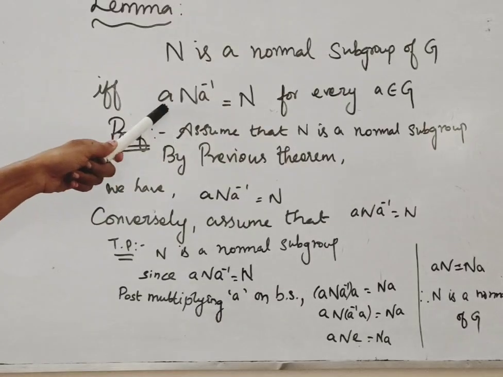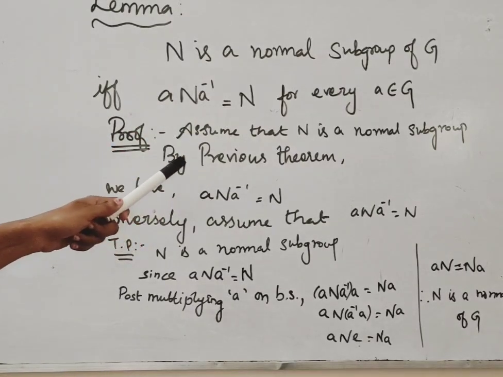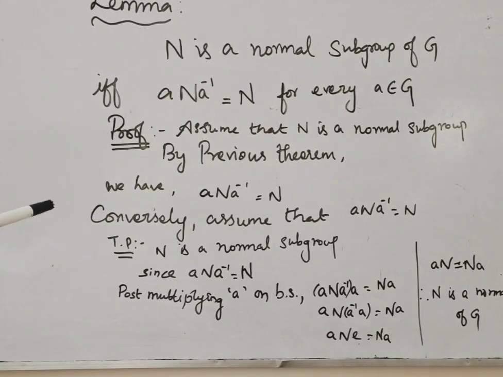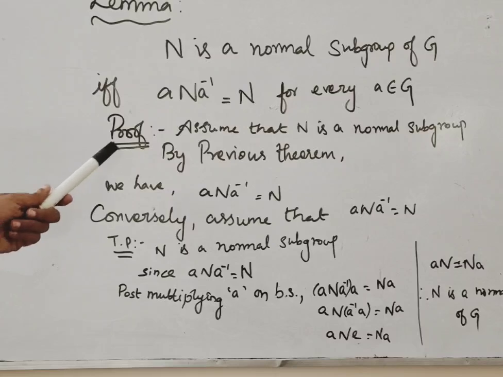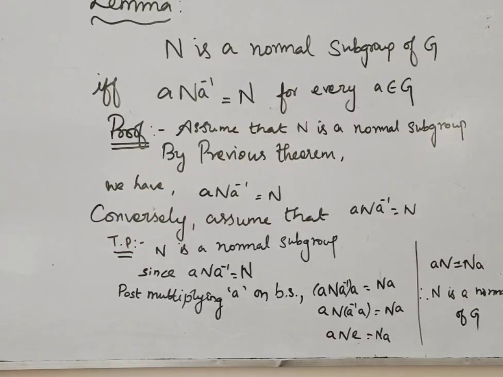You have to prove that aNa inverse is equal to N. By the previous theorem, we already proved that N is a normal subgroup of G and the second condition is aNa inverse is equal to N for all a belongs to G. That means 1 implies 2. We already proved that, right? By using that, we are getting aNa inverse is equal to N.